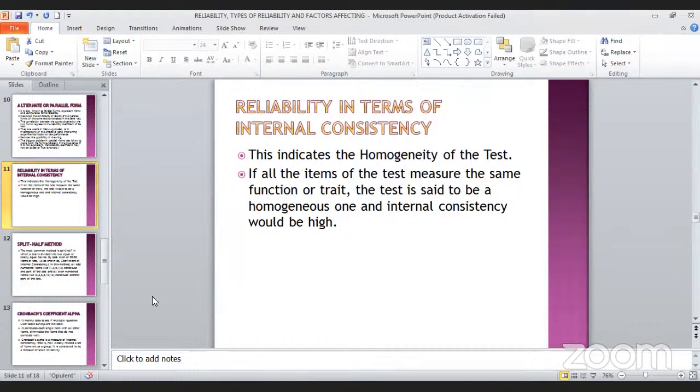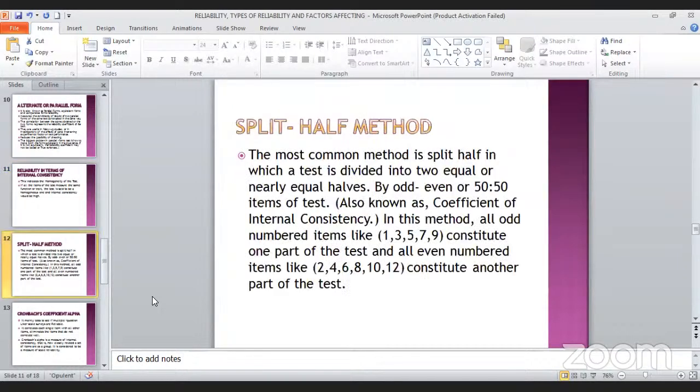The first 10 items and the next 10 items are highly correlated with each other. That means the split-half reliability is very high. Is it clear to all of you? Yes, sir, clear, sir.